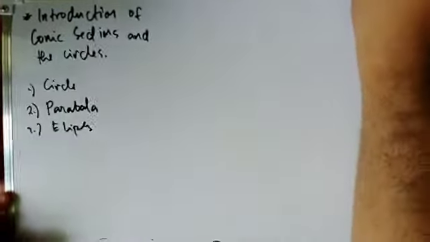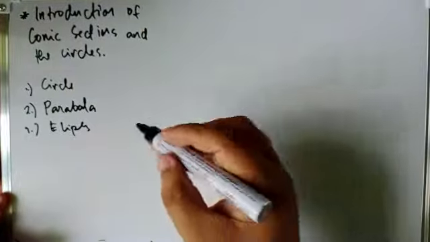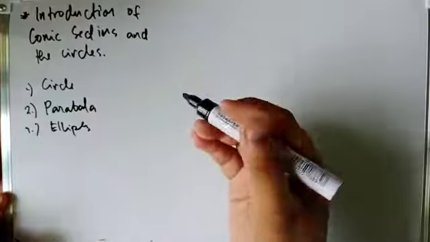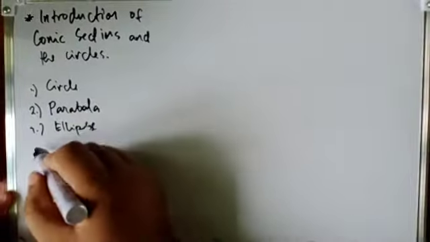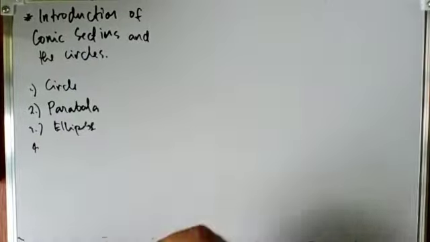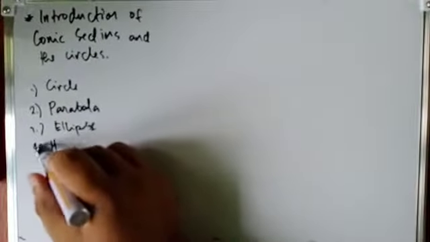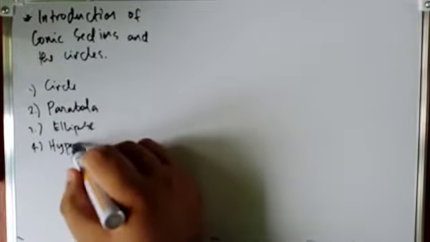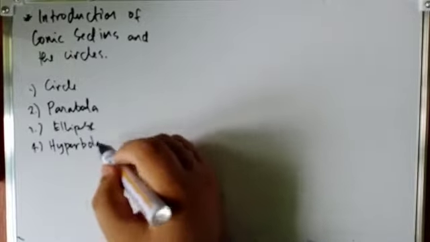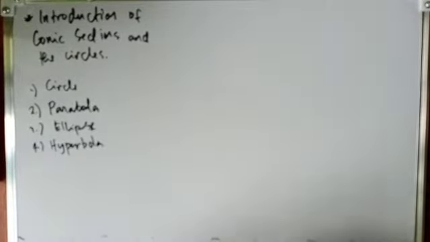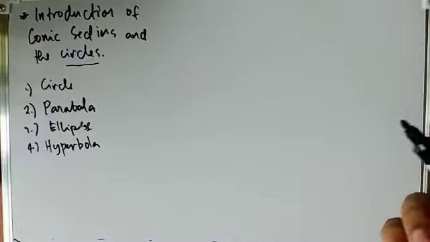Paano ba yung spelling ng ellipse? So, ellipse double L. So, pasensya na sa spelling. Hindi kasi ako magaling sa spelling. So, ellipse. 4 is meron tayong hyperbola. So, in this video tutorial, we will be focusing on the circles lang muna.